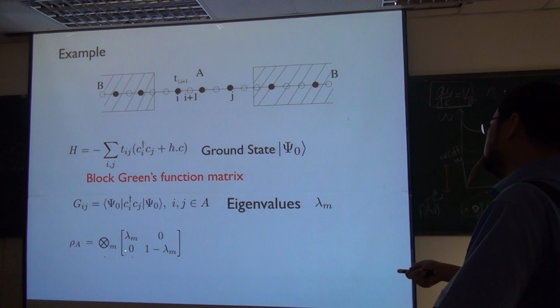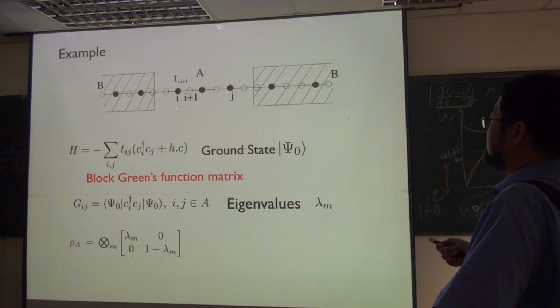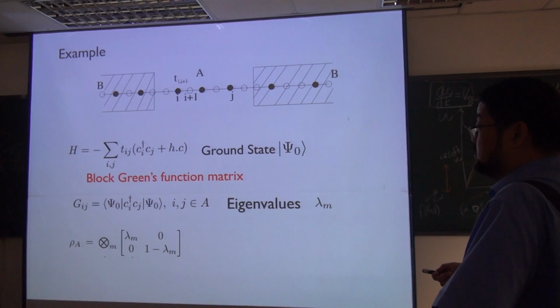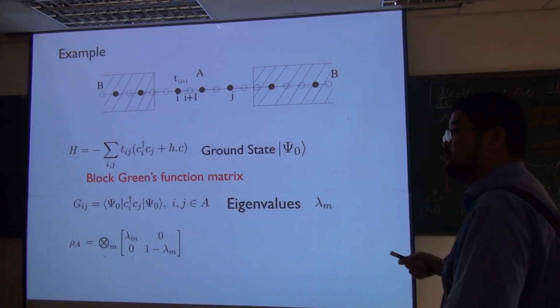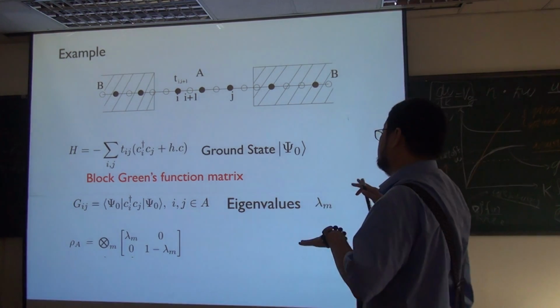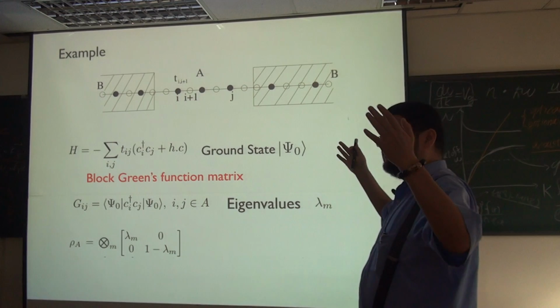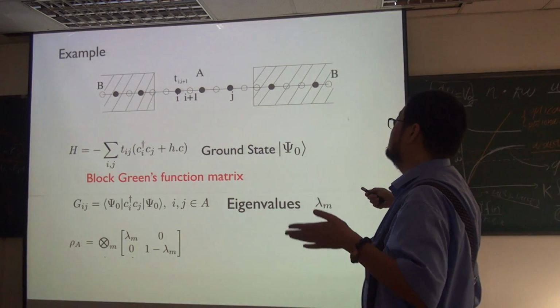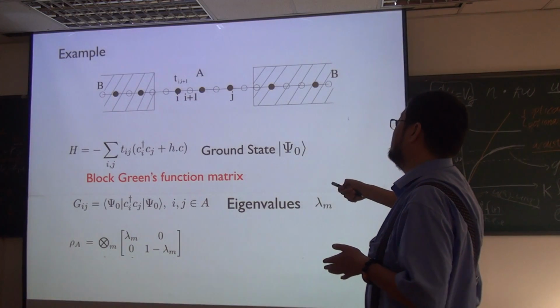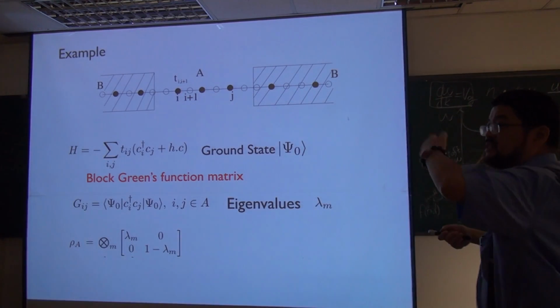The interesting thing is that if you extend B to empty and A extends to the whole system, then you get that the eigenvalue of G is the particle number. So it can be filled or not filled. So in the bulk, you get G eigenvalue lambda as 0 or 1. But because the system is finite, not the whole chain, you get some eigenvalues between 1 and 0.